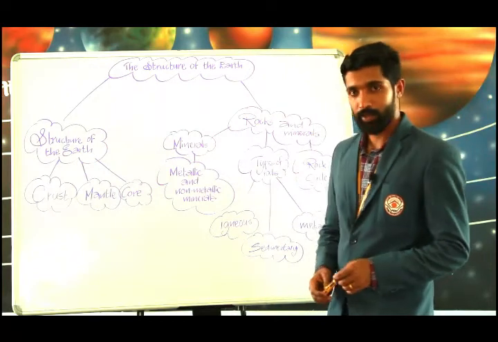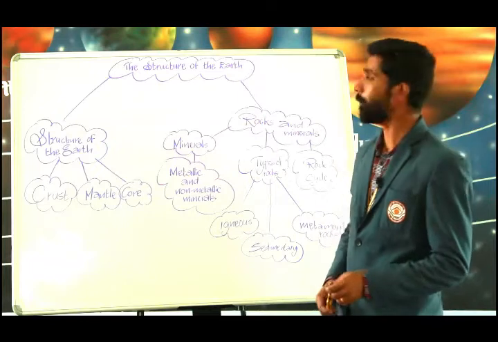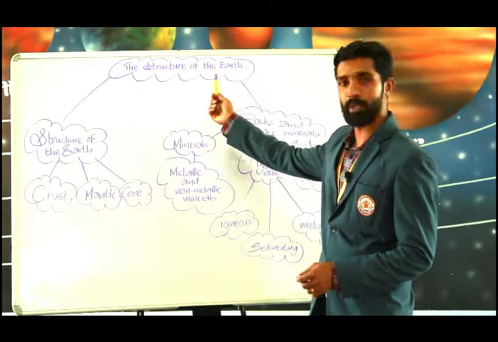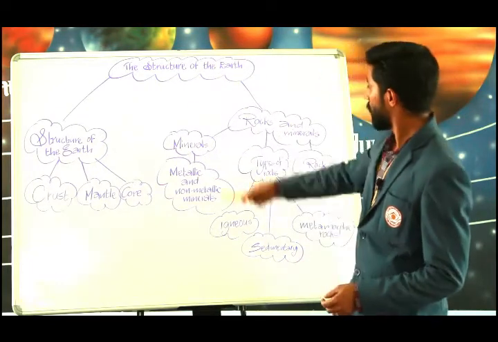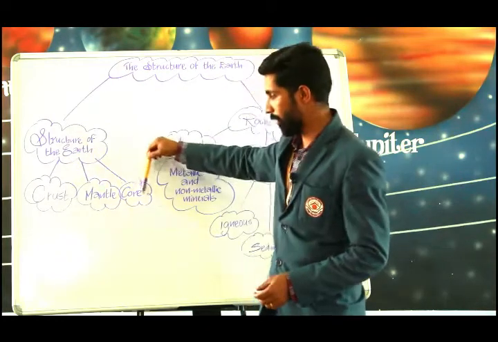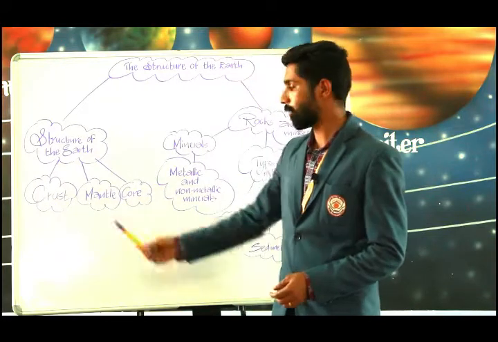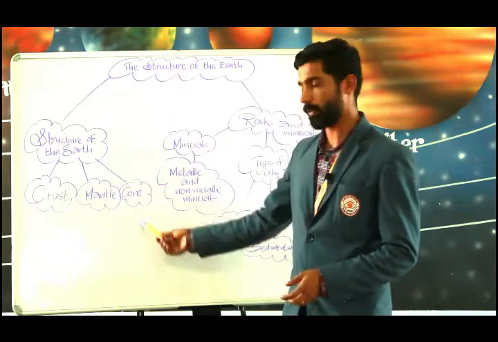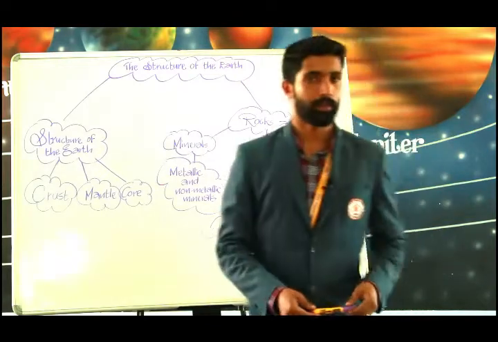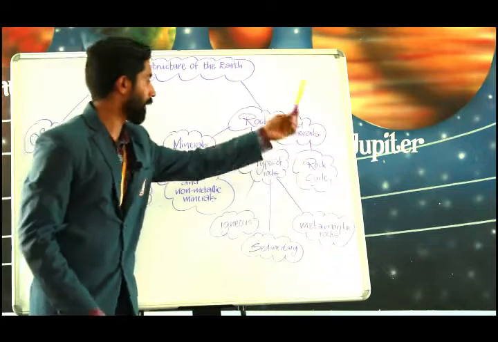So dear kids, we will have a summary of our chapter in the form of a mind map. We learned the chapter, the structure of the earth. In the beginning, we learned about the structure of the earth, the 3 layers of the earth. The first one is crust, the next mantle, then the third one is core. And next we learned about rocks and minerals.